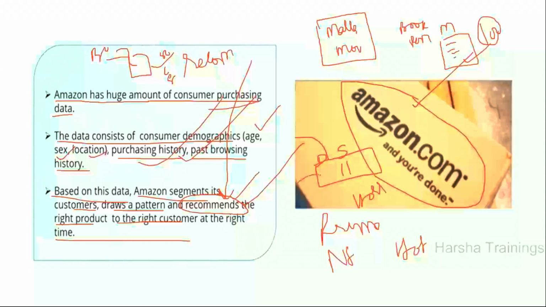Prime will recommend movies based on the past history, whatever movies we have seen, or whatever books we have studied.